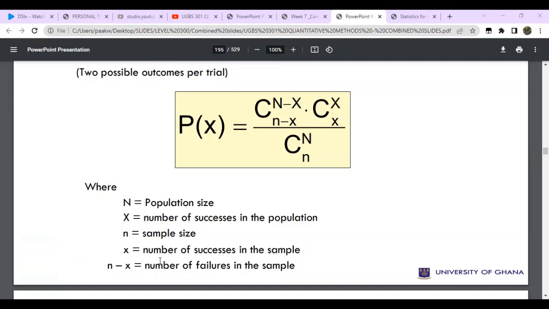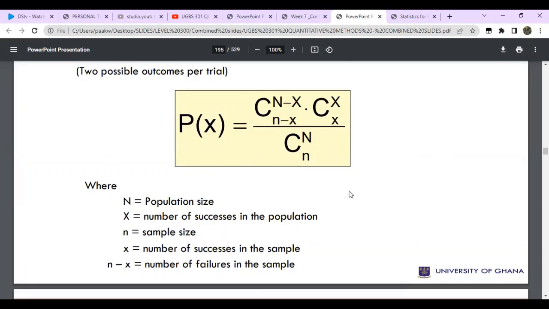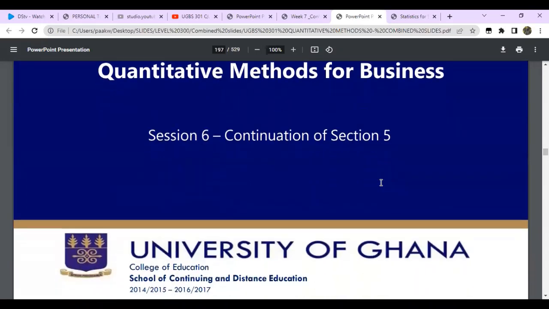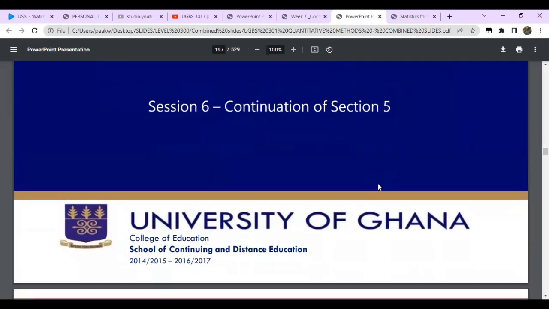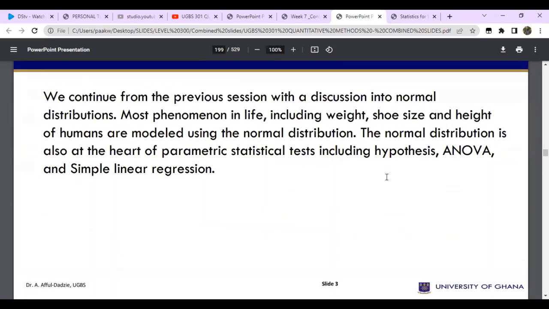The sample. So the important thing is to know these things here. You get it? Then the formula is this. Formula is here. Any question before we move on to the normal distribution?